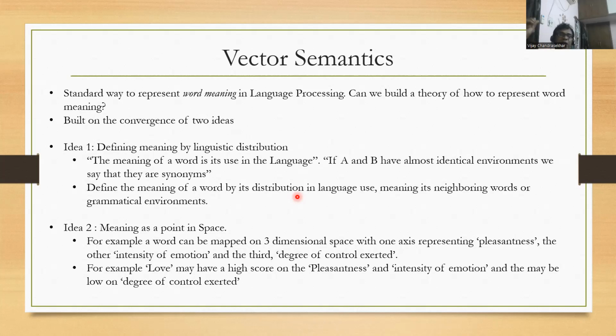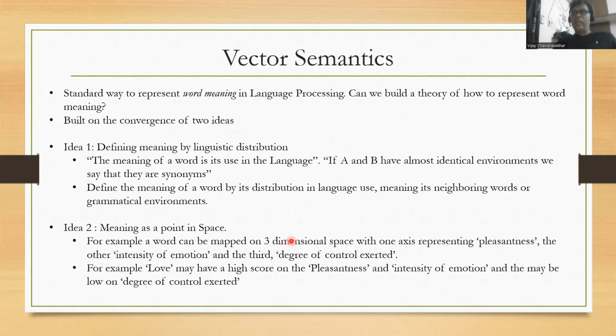They tried to represent each word on 3-dimensional space. One axis is whether the word gives a pleasant feeling, that's one axis. The second is intensity of emotion. For example, take love as a word and passion as a word. Passion has more intensity, correct? So the second dimension is intensity of emotion.